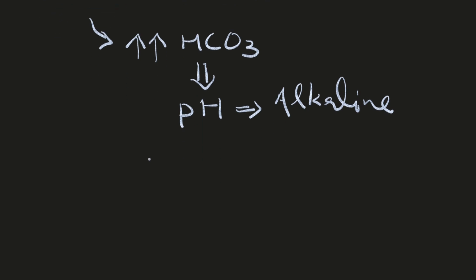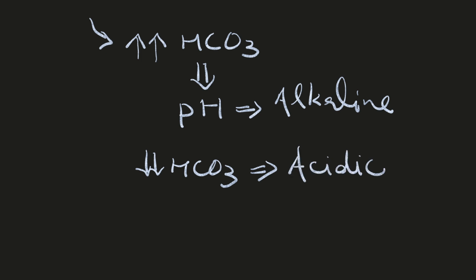And on the other hand, if there is a loss of bicarbonate in blood, it will make the blood more acidic. It will drop the pH from 7.35 in a downward fashion, like 7.34, 7.30. Just remember the normal values. Less than 7.35, the lesser it gets, the more acidic it will be.